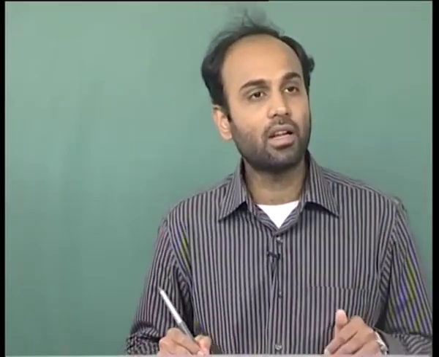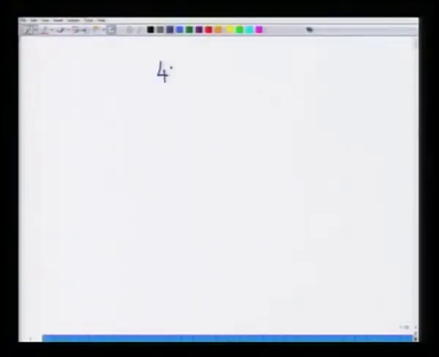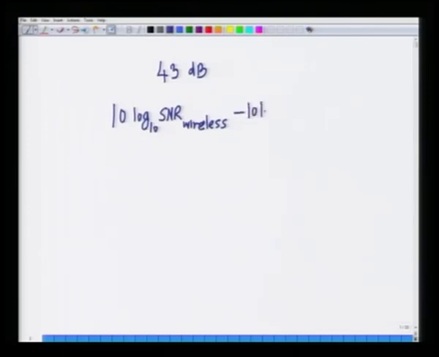We said that the SNR difference is 43 dB, that is 10 log 10 of SNR of wireless minus 10 log 10 of SNR of a wired or a wireline communication system is 43 dB.